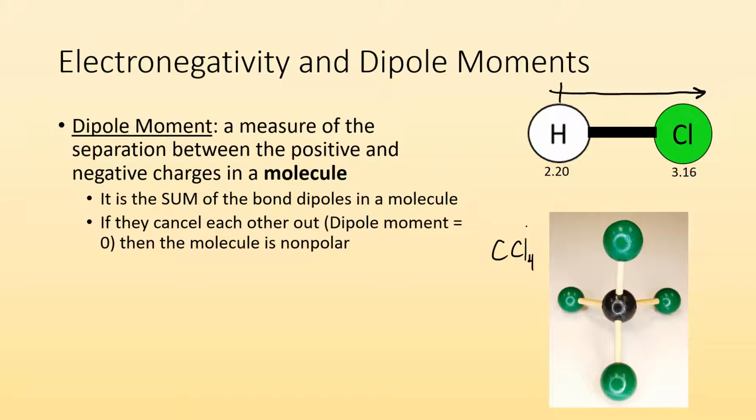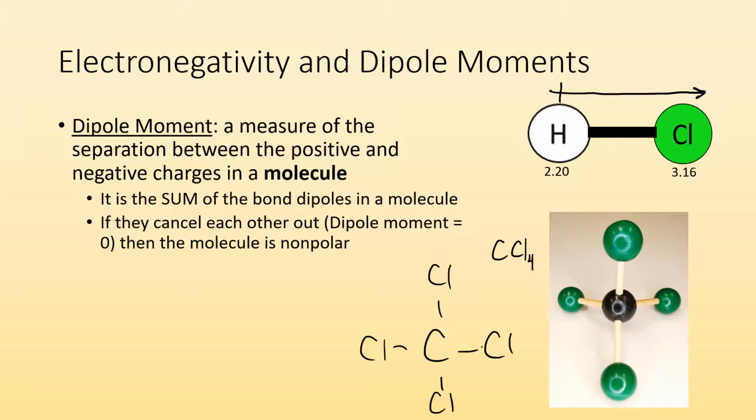So now if all of these bond dipoles cancel each other out, then the dipole moment equals 0 and the molecule is nonpolar. So if I take a look at CCl4, I'm going to draw the Lewis structure for it real quick. We know chlorine is more electronegative than carbon.